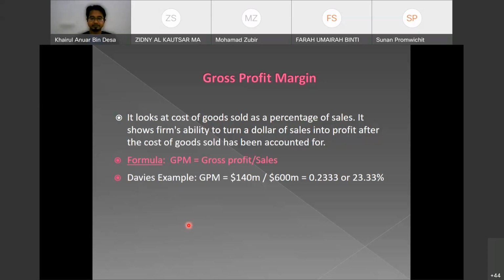Sales minus expenses. Kita harga jual, sales price minus cost price, that is the untung. Harga jual tolak harga beli, that is the profits.